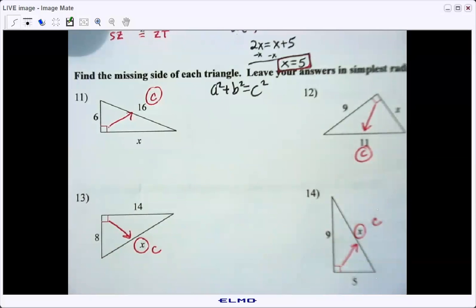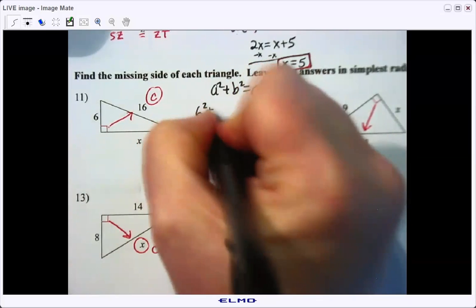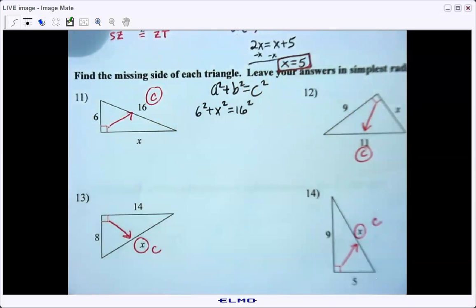So now we can fill in our formulas because the other two numbers are going to be A and B. So here we would write 6 squared plus X squared is equal to 16 squared. So what's 6 squared? 36.